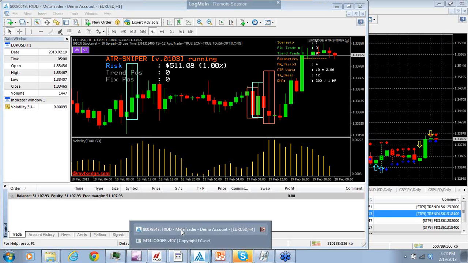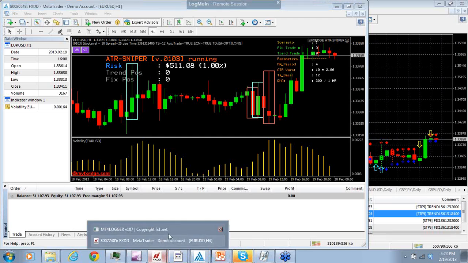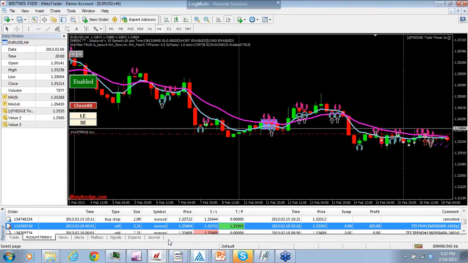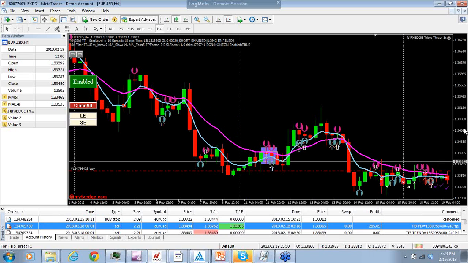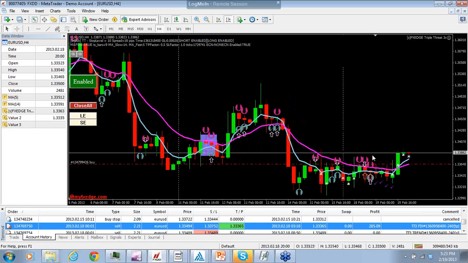Okay, so the other thing, of course, is our... looks like we got into a buy here on the euro-dollar triple threat. And we are moved to break even. So the buy was down here.